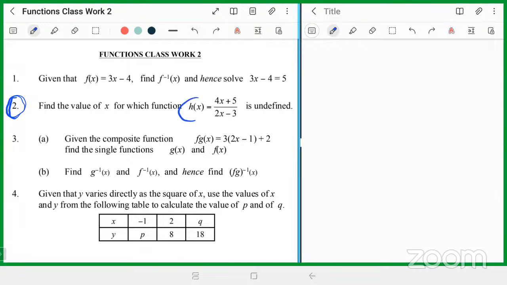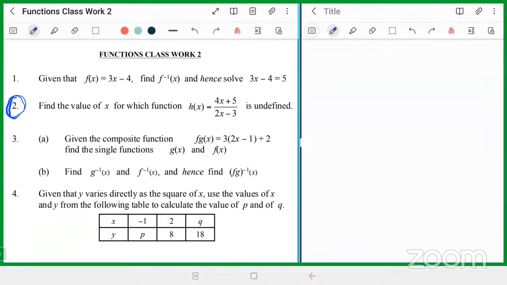Remember, for this to be a function, each element in the domain must map to an element in the range. So in other words, what value of x will cause this function not to produce a range value that is defined?